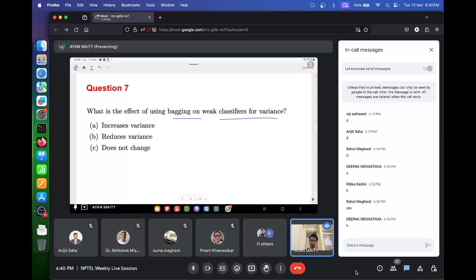Deepak Srivastava says option B. Vijay Satish says option B. Arijit Saha says B, Ritika Keshri says B, Rahul Meghwal says B. So all of you are saying option B, and B is the correct answer here, that it reduces variance.